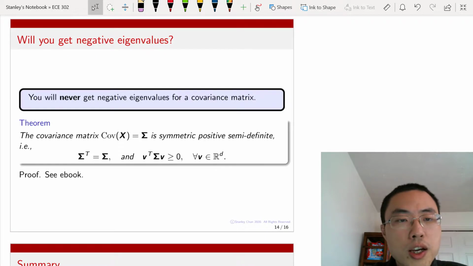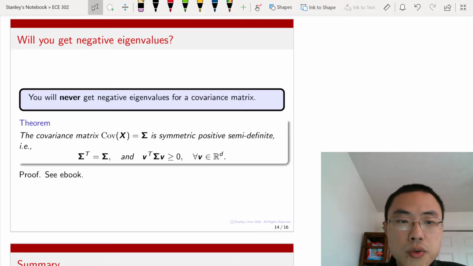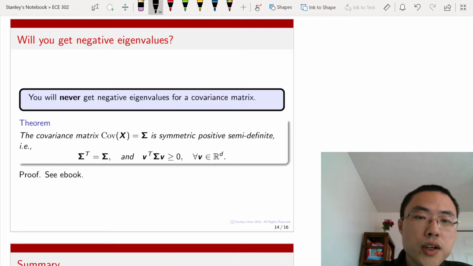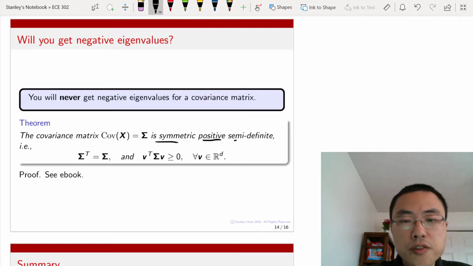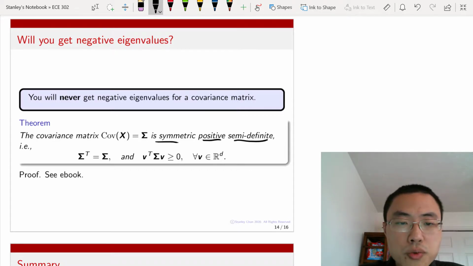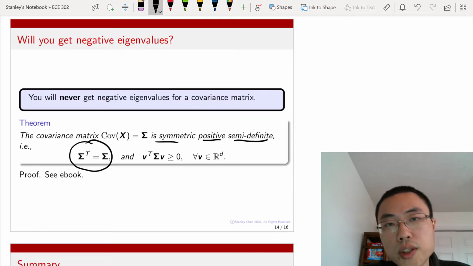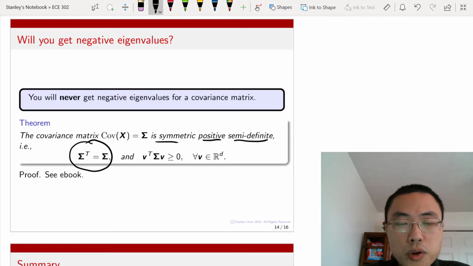So will you ever get negative eigenvalues? As I said, you will never get negative eigenvalues. The reason is that a covariance matrix is symmetric positive semi-definite. It is a very special term that we use to describe the covariance matrix. What it means is that it is symmetric, and so the transpose equals itself, and then it is positive semi-definite.